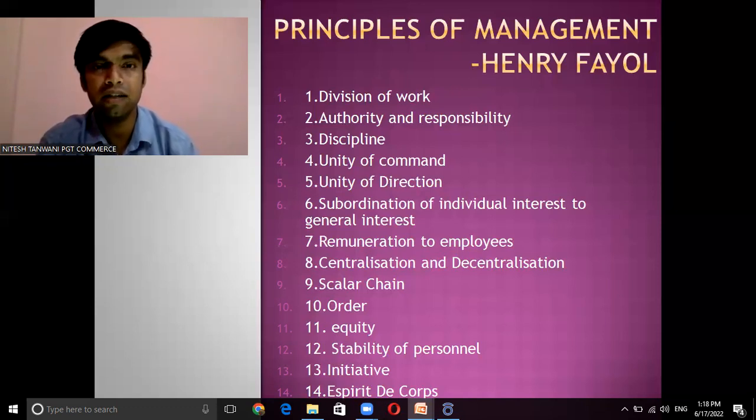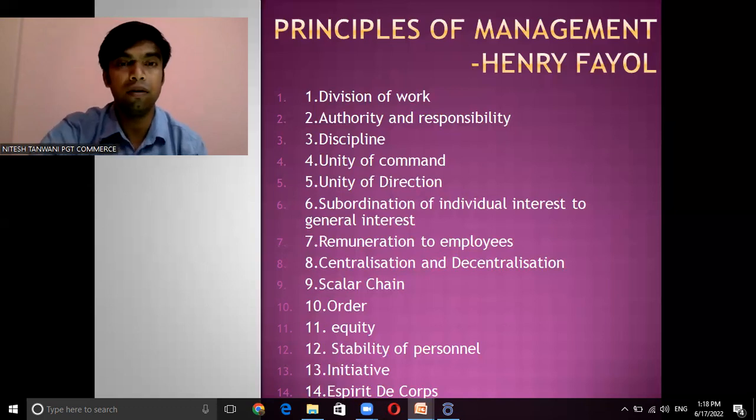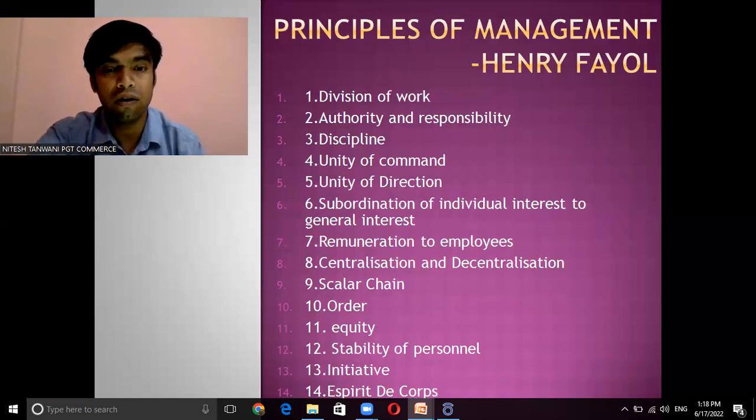Whenever the manager or the organization recruits someone, the recruiting process takes lots of money in big organizations. So stability of personnel is very much required, because it provides you experienced workers also, those who have been working for 10 years, 12 years, 30 years, 40 years. Experienced people are an asset for the organization. So stability of personnel is very much required.